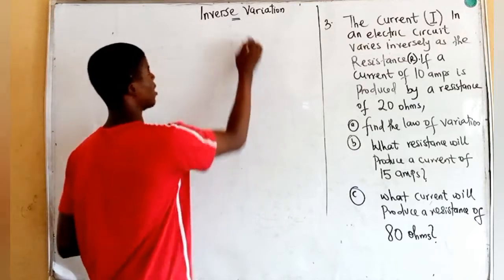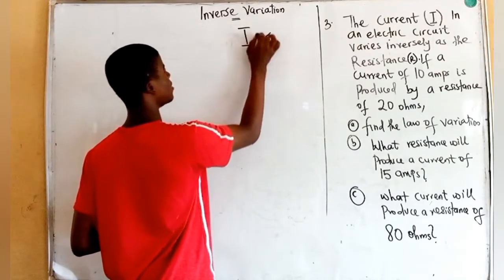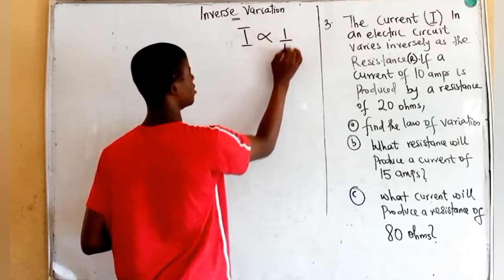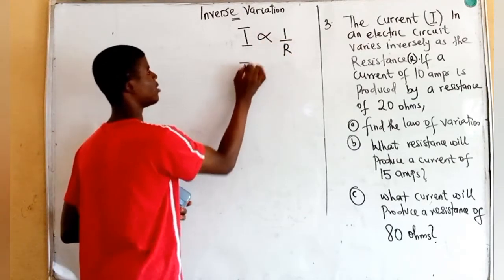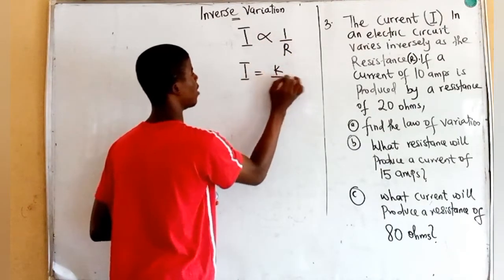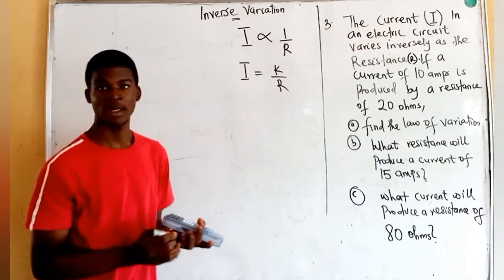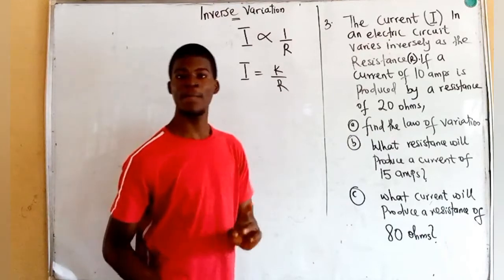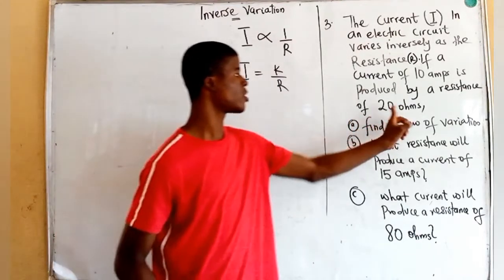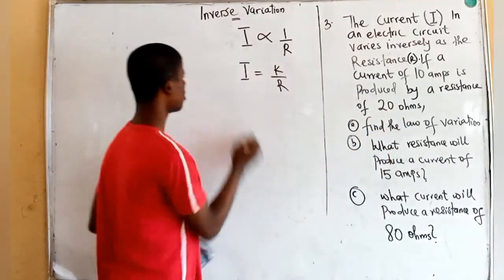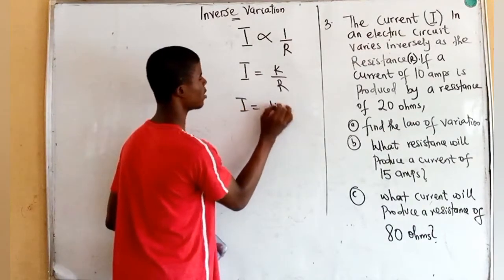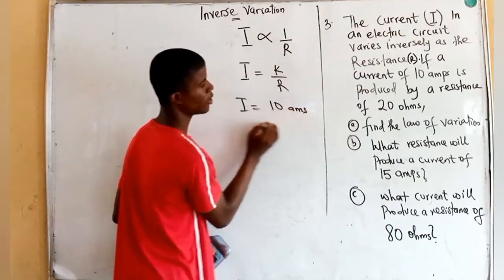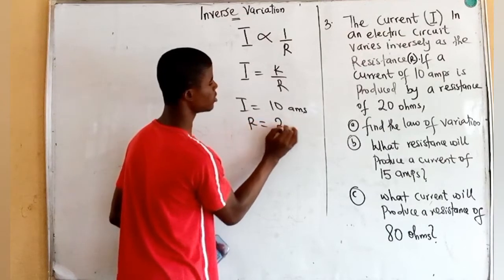The current I varies inversely as the resistance R. So I is equal to K over R. You know how I got this, right? K is the constant. It says a current of 10 amperes is produced by a resistance of 20 ohms. So that's when I is equal to 10 amperes and the resistance is 20 ohms.